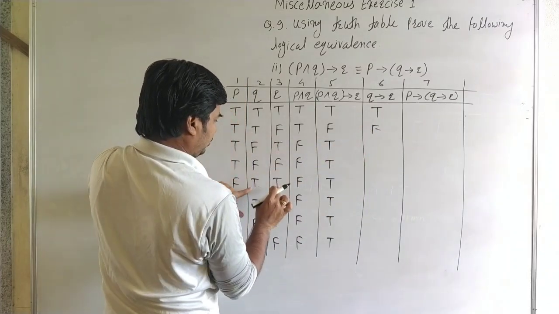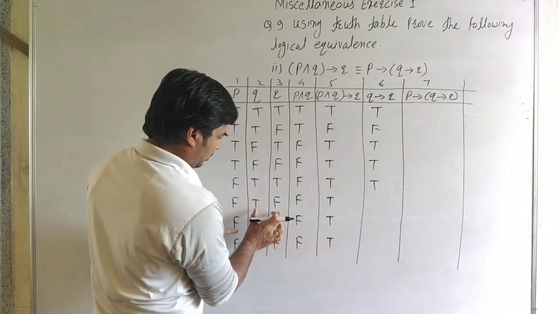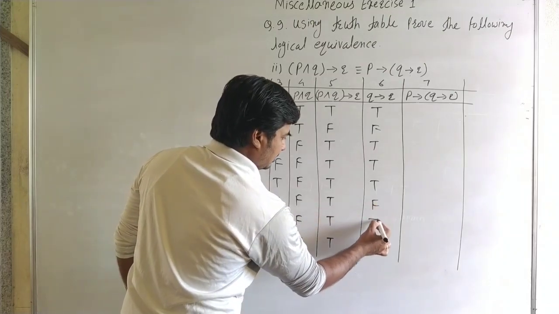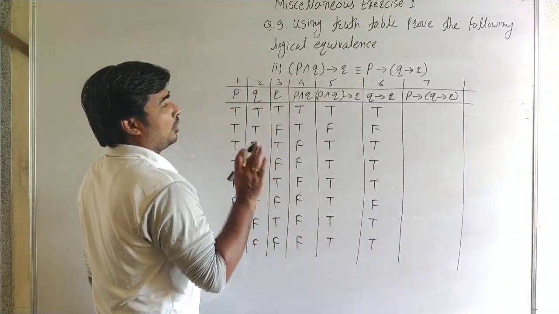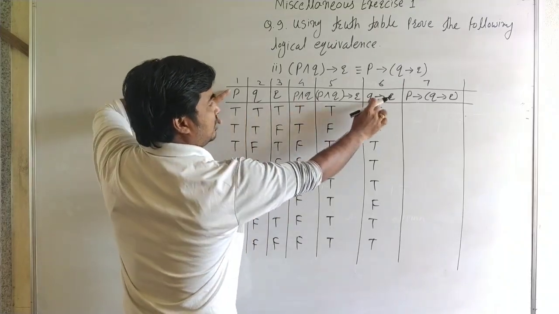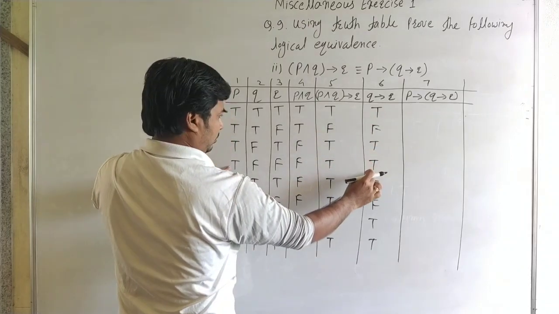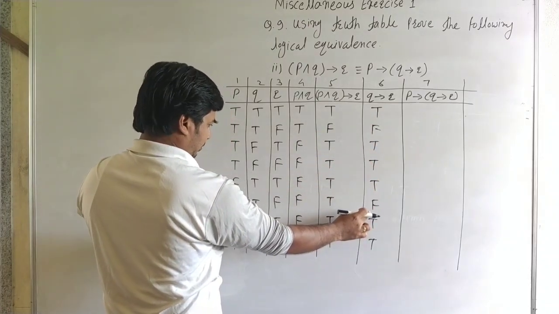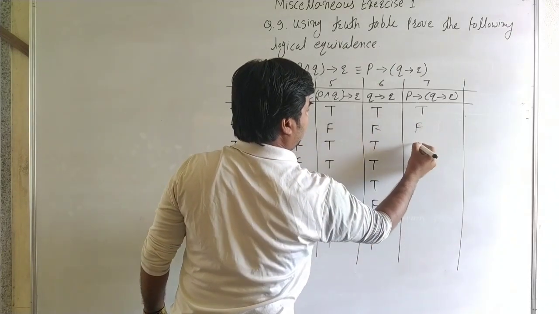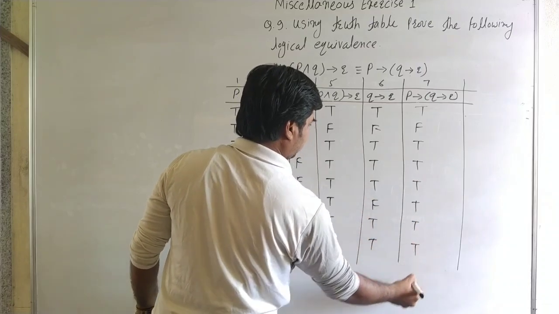Then true, true, true, true. Then false implies false is true, false implies true is true. Now P implies (Q implies R): true, false, true, true, true, true, true, and true.